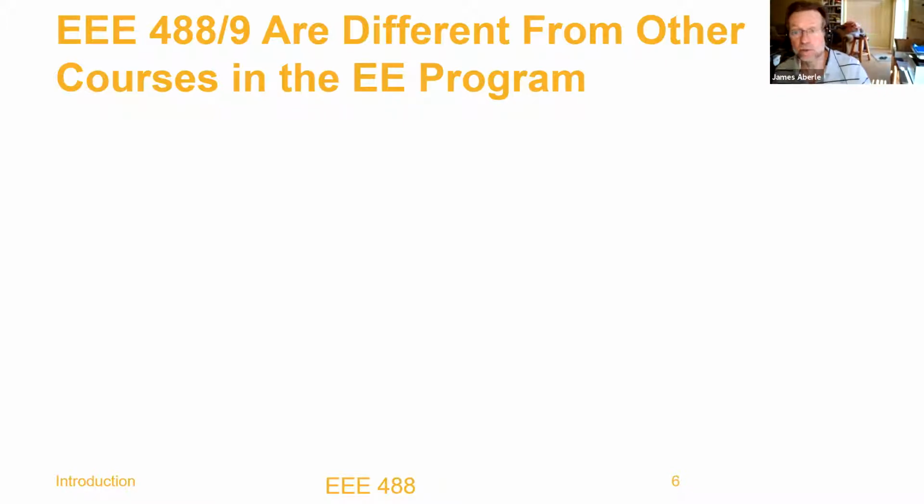And this isn't unique to ASU. Capstone courses are ubiquitous in engineering programs, and they are really required by the accreditation board to allow our program to be accredited. If your electrical engineering program were not accredited, then it really wouldn't have any value in the world.